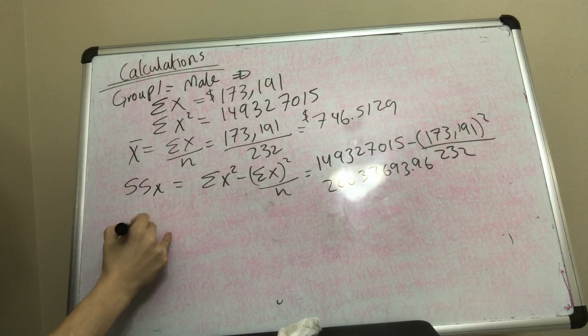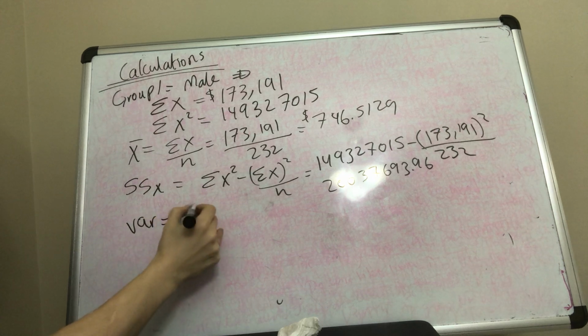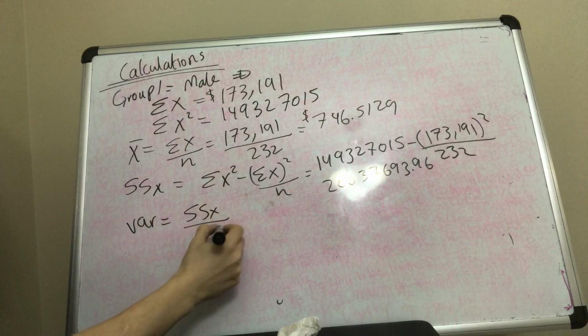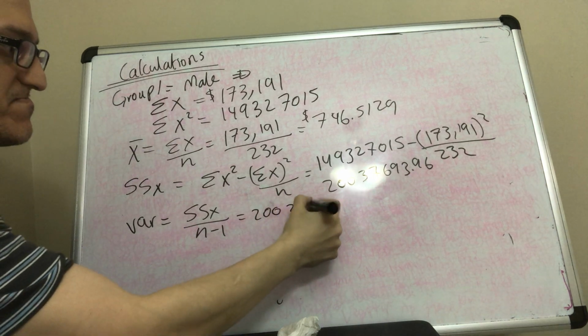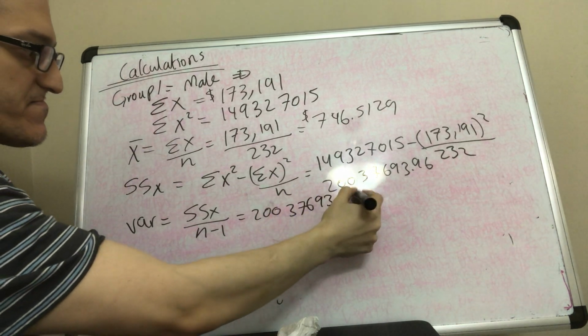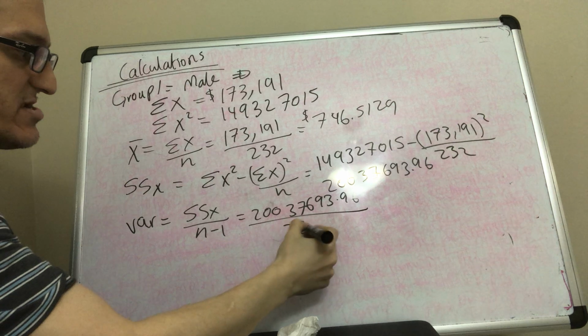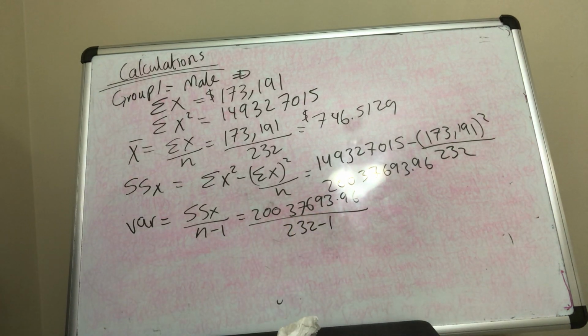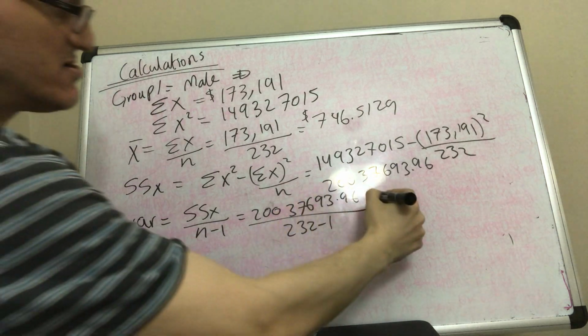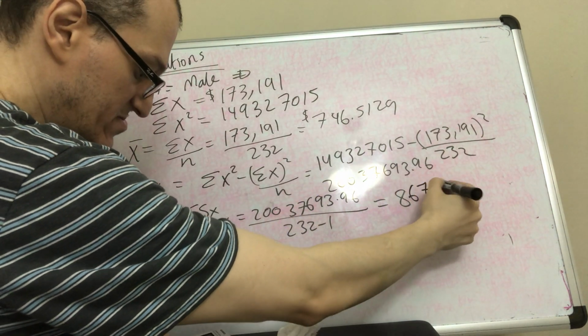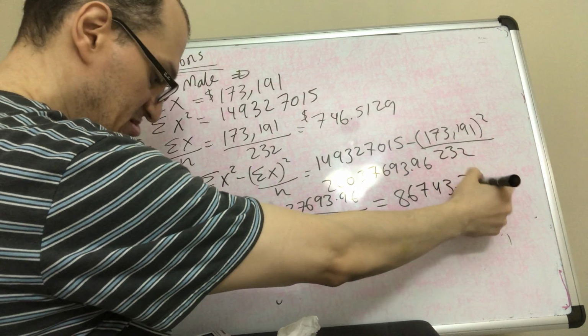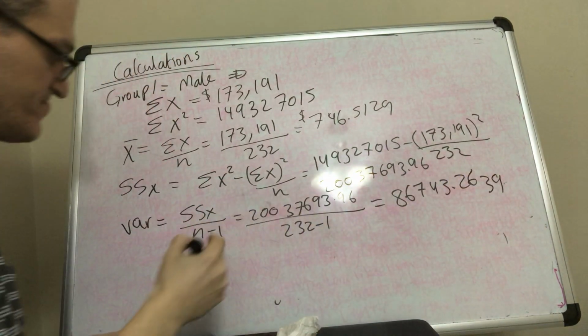Now, to do variance, we take this number and we divide it by n minus 1. So we take this number and we divide it by 231. So it gives you 867432639.